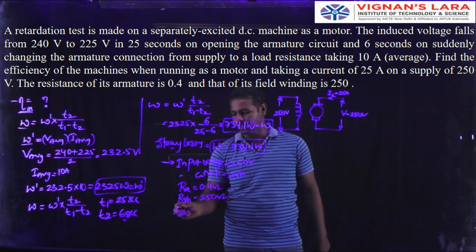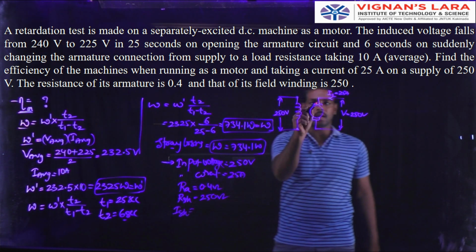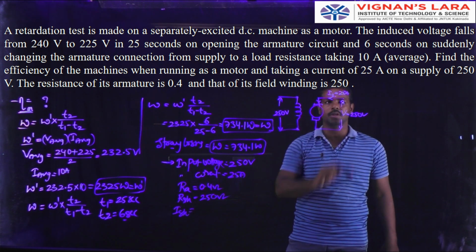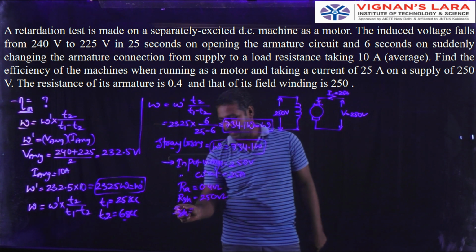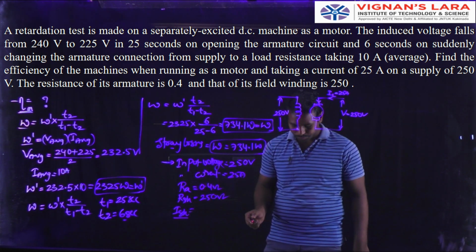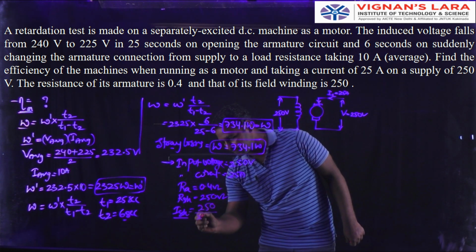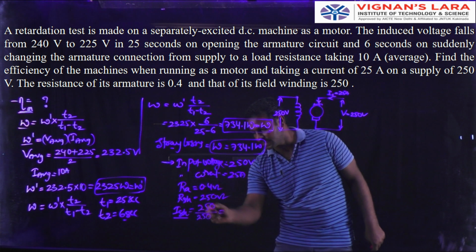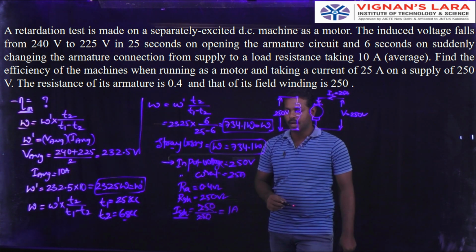ISH is equal to total current, or armature current, is 25 amperes. So ISH is equal to 250 volts divided by RSH, which is equal to 1 ampere.